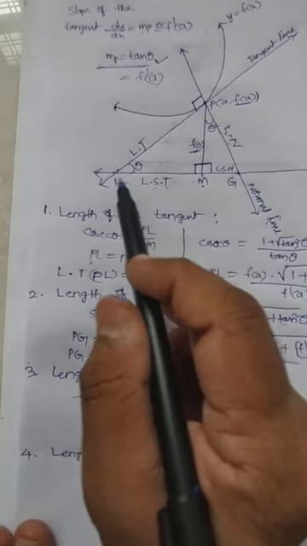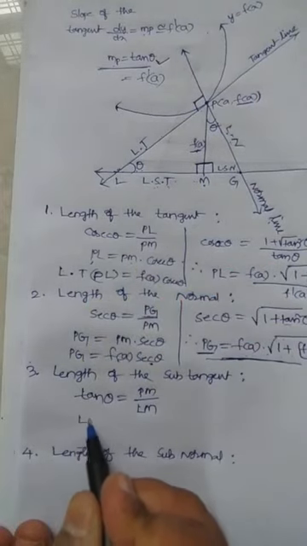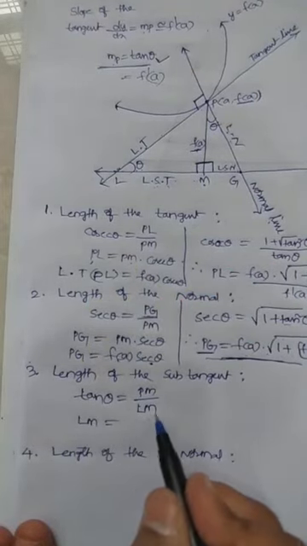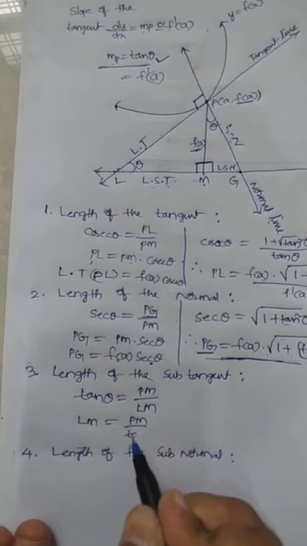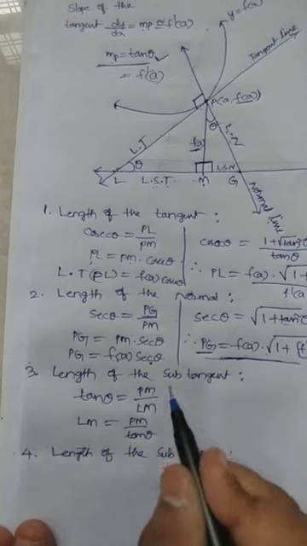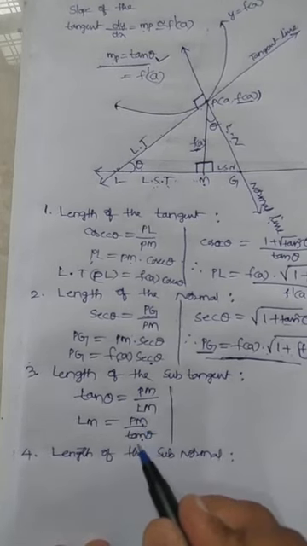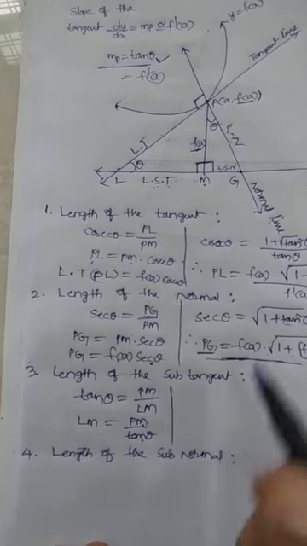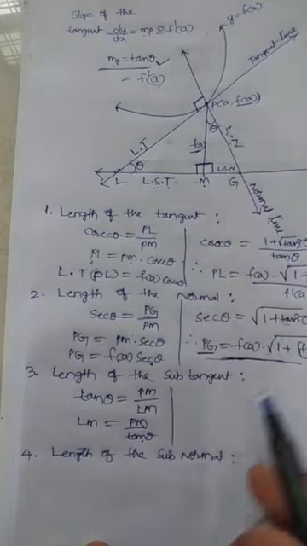I require the length of the subtangent, LM bar. So LM bar is equal to PM bar by tan theta, as tan theta goes in the denominator. I know the tan theta value, which is f'(a), and PM bar is f(a).